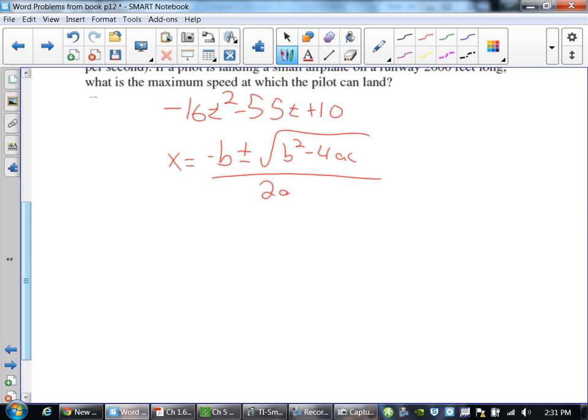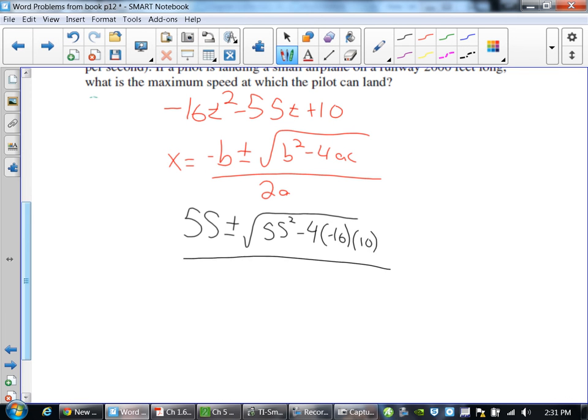So all we're doing here is substituting in. Opposite of b, so we have 55, plus or minus the square root. I know that our b value is negative, but I know how you guys work, you're going to mess this up. So just write down 55 squared minus 4 times negative 16 times 10, all over negative 32. All I did there was multiply the negative 16 by 2.